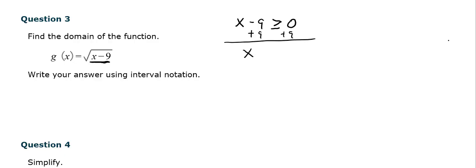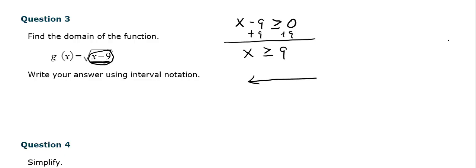Add 9 to both sides, and it gives us the statement x has to be greater than or equal to positive 9. So if the values of x are greater than or equal to 9 and we plug it in for x, the value underneath the radical sign will not be negative. So how do we state that in interval notation?